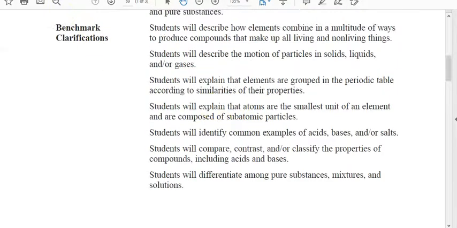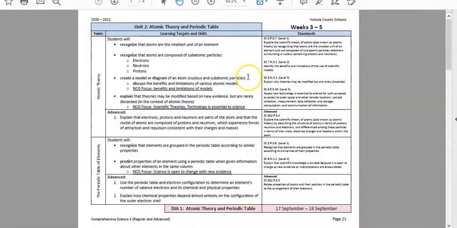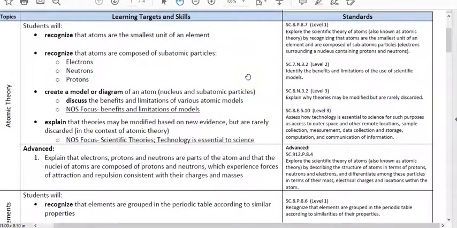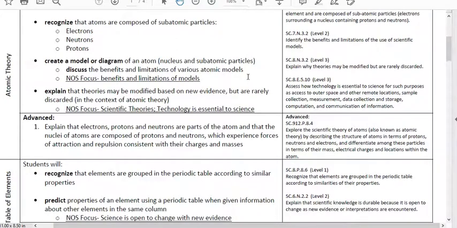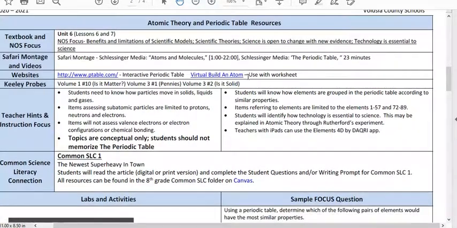But let's get back to the curriculum app. Okay, let's go to the curriculum app. Now I know you're familiar with the curriculum app, but we're going to make sure that you understand that when we unpacked the standards on the curriculum app, we couldn't put everything that was in the specs items. And so, for instance, when you see the teacher hints and instructional focus, you'll see some of the verbiage right from the specs document, but not everything.